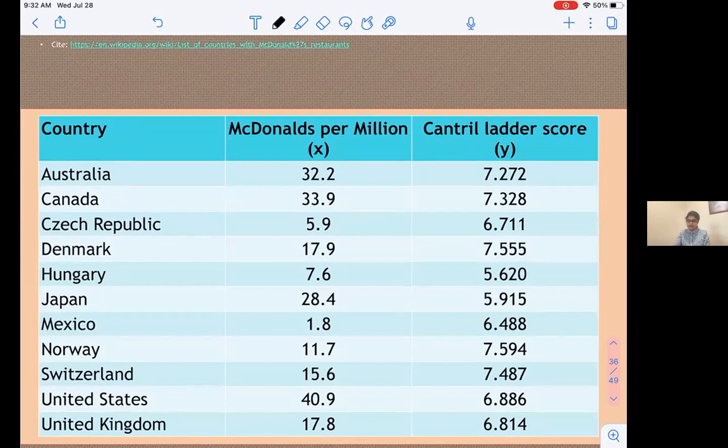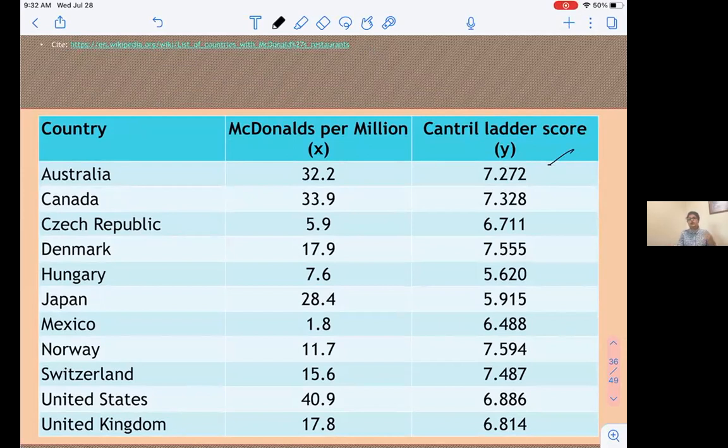And with this number of McDonald's, the people's happiness level in Australia is 7.272. In Canada, they have 33.9 restaurants per million people, and their Cantrell level, or happiness level, is 7.328.